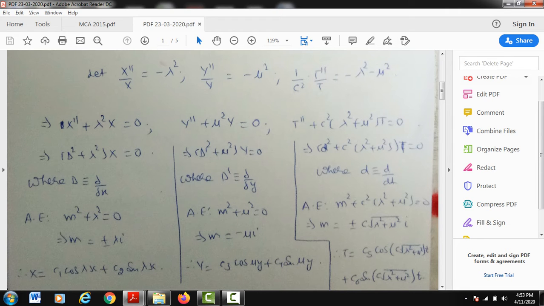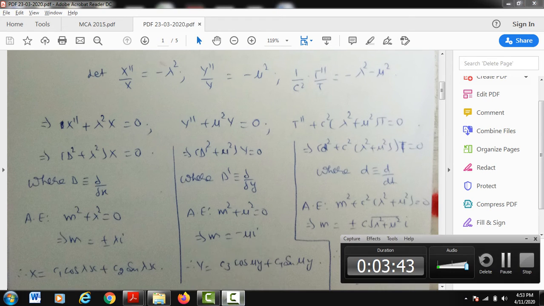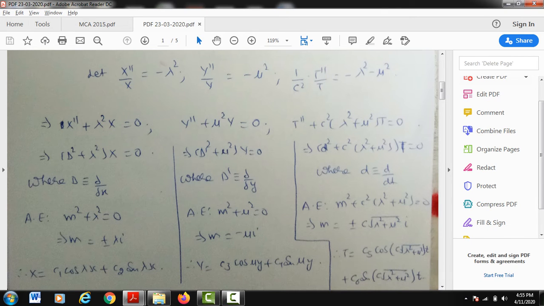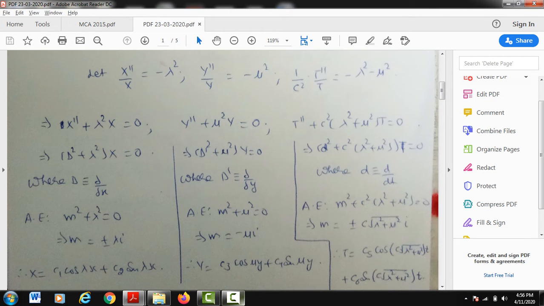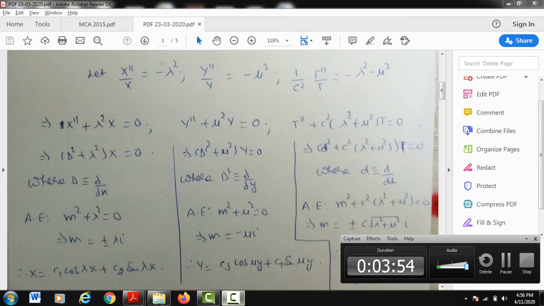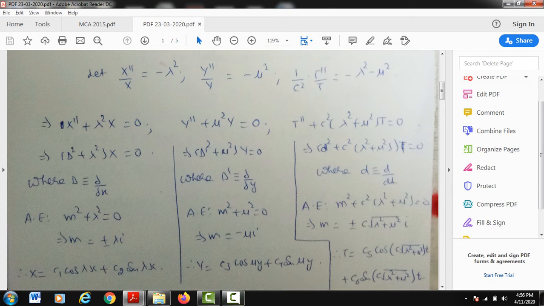For that, I am reducing these equations into the form of D. So to solve this equation, I will firstly reduce it into the form of D. The equations reduce to (D² + λ²)X = 0, (D'² + μ²)Y = 0, (d² + c²(λ² + μ²))T = 0. I have used three types of D over here, capital D, D' and small d, just to distinguish the differential operators.